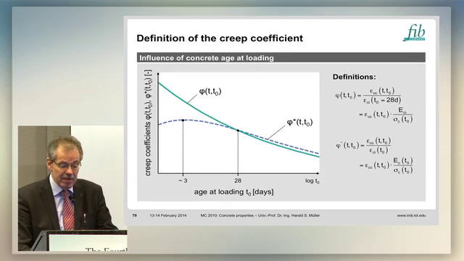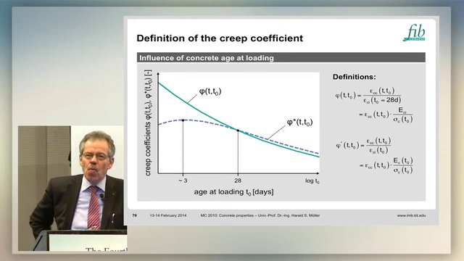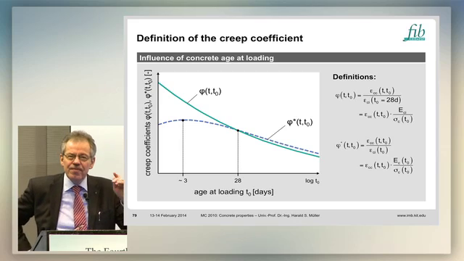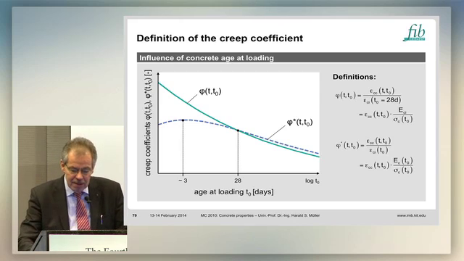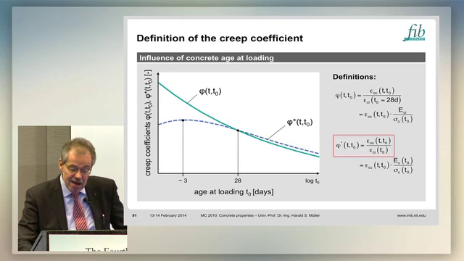Result of linearity. Very often we have been asked, why do you define the creep coefficient in the way creep divided by elastic strain at the age of 28 days? The Americans do it in that way, the ACI, creep divided by the elastic deformations at loading, and not at 28 days.